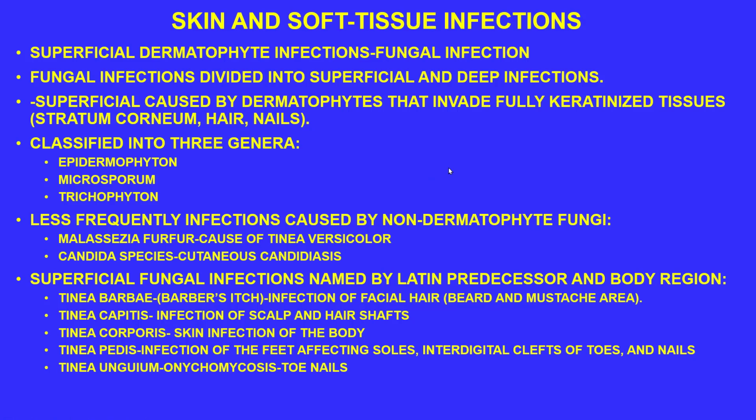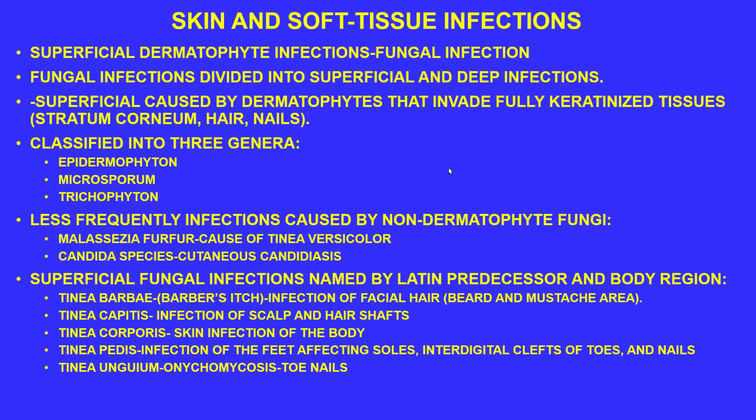Now we're going to deal with superficial dermatophyte infections. In other words, a fungal infection. Fungal infections can be divided into superficial and deep infections. Superficial is caused by dermatophytes that invade fully keratinized tissues, such as the stratum corneum, hair, nails. Now, there are 3 genera that play a key role in these superficial infections.